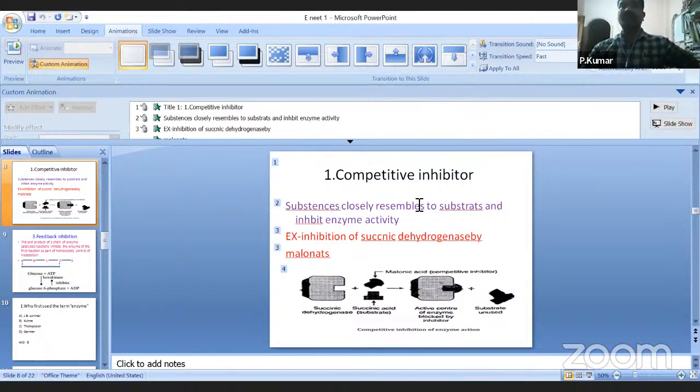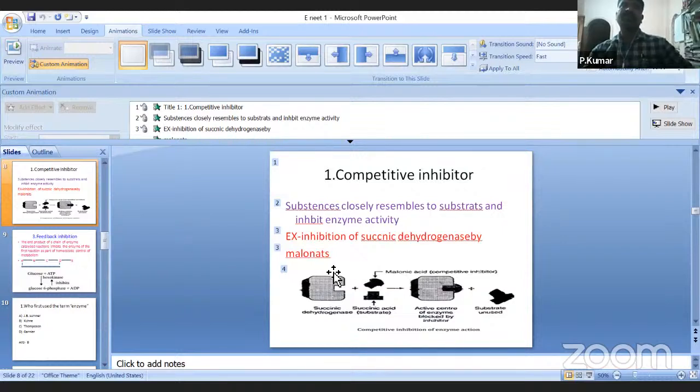In a non-competitive inhibitor, that is very important, the inhibitors are not fitted at the active site. They can be fitted at another place, these places, any place except the active site.